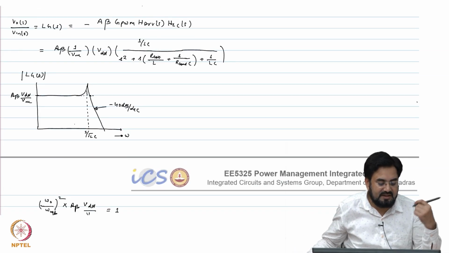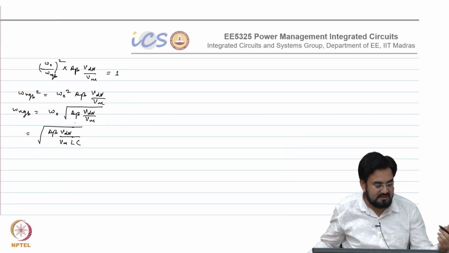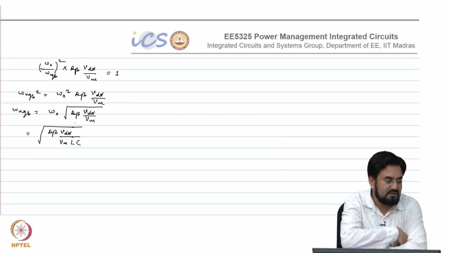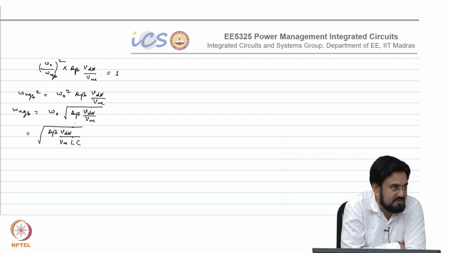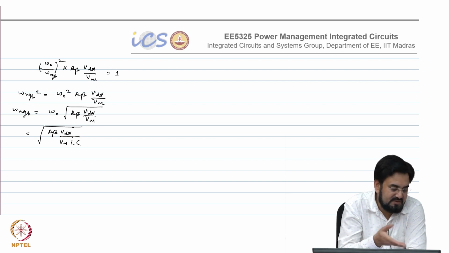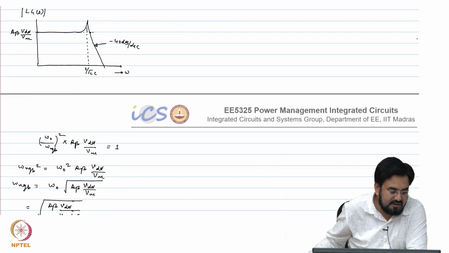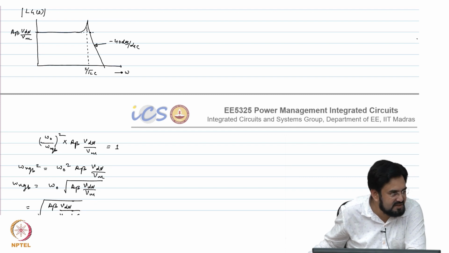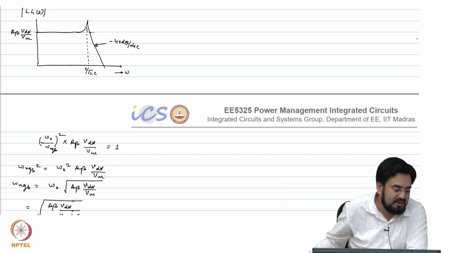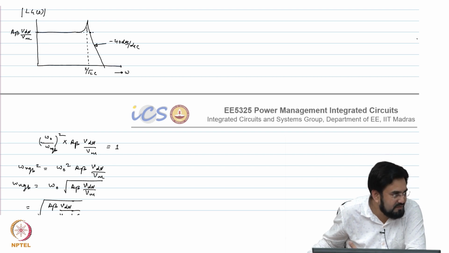So, the phase is already, which means obviously this is much higher than your omega naught, omega UGB, and it depends on how much gain you have, and the majority of the gain is coming from the amplifier. So, mostly that will define. So, let us say your Vm is 1, VDD is 1.8 volt or so, and beta factor may be half or 1.